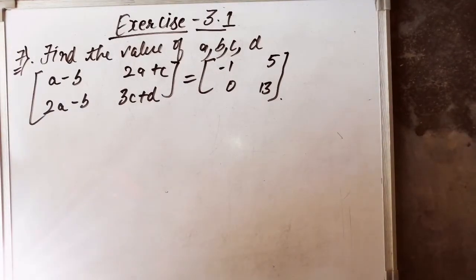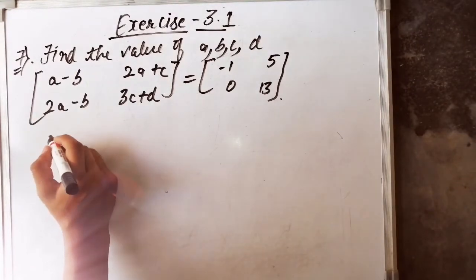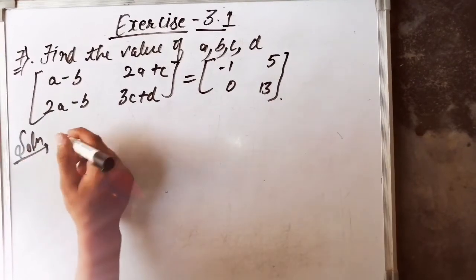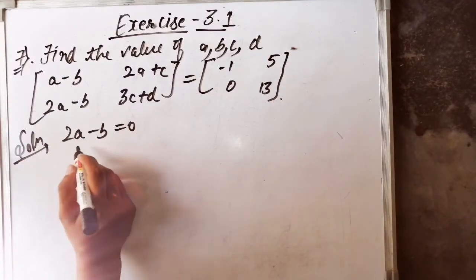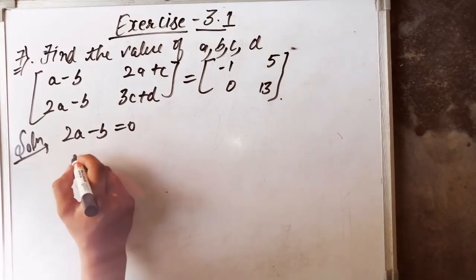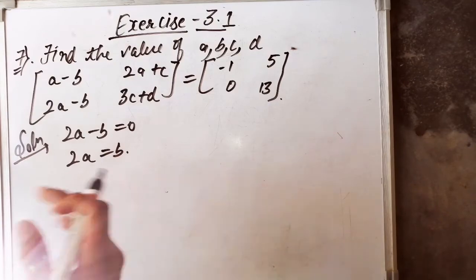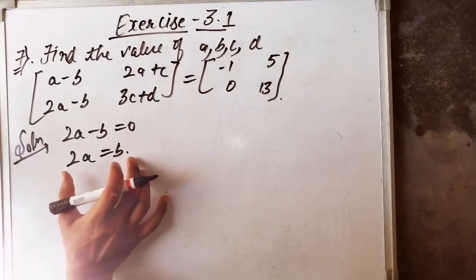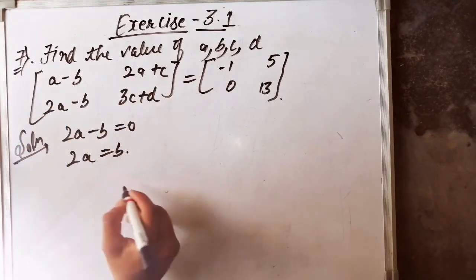Now let's find the values. a minus b equals minus 1, or let's write down the solution here. 2a minus b equals 0. Can I write this as 2a equals b? Yes, I can write it like this. Now I'm substituting this value in the equation a minus b equals minus 1.